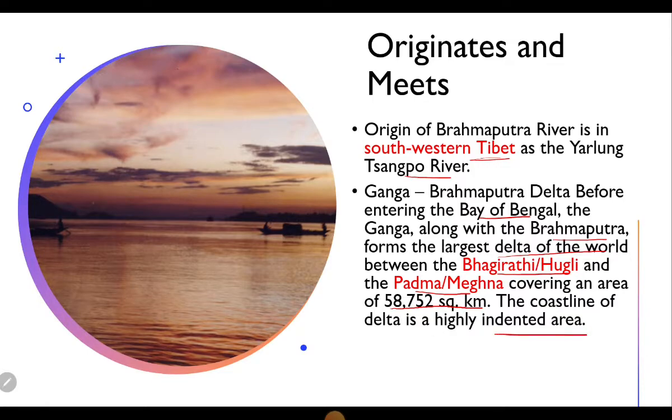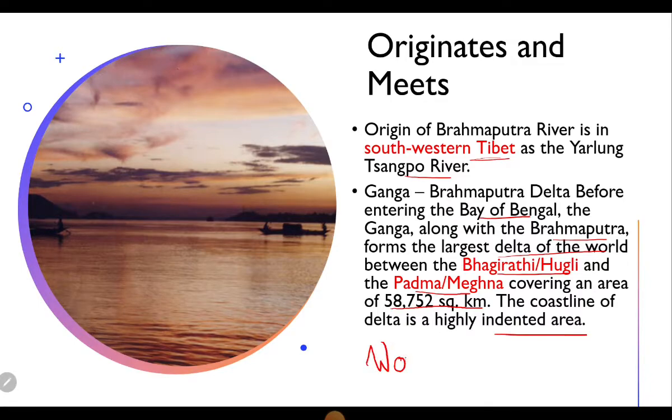So here it's written that the Ganga Brahmaputra delta is formed before entering the Bay of Bengal. When both of these major rivers, the Ganga and the Brahmaputra, form a delta before entering the Bay of Bengal, the Ganga along with Brahmaputra forms the largest delta in the world.